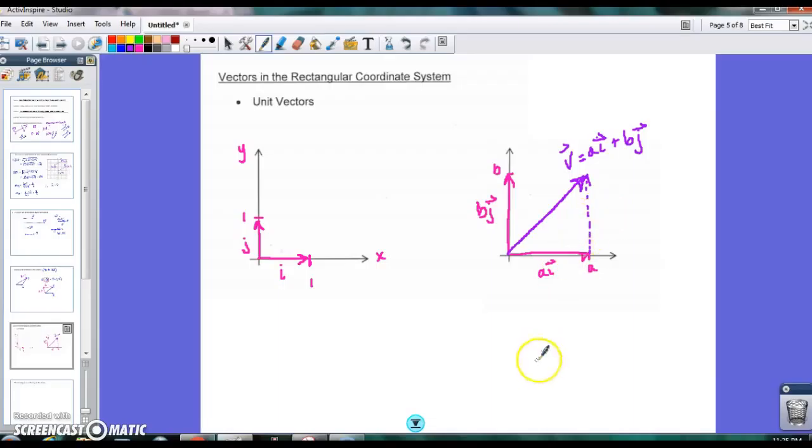Okay, so as soon as you apply some scalar multiple to that, that just changes the magnitude of the vector, but it doesn't change the direction.